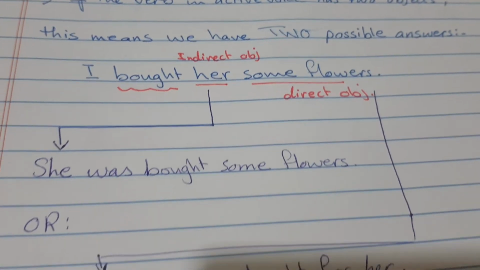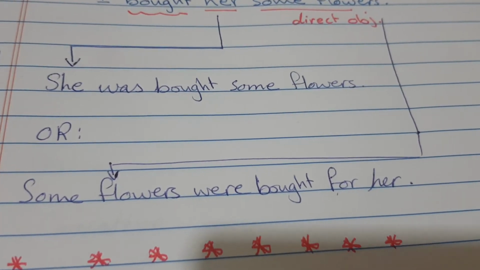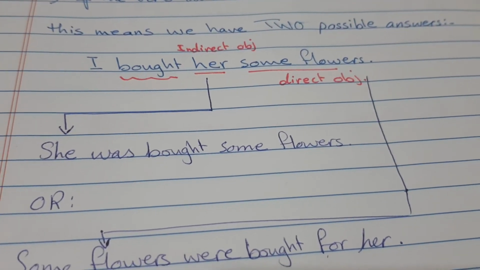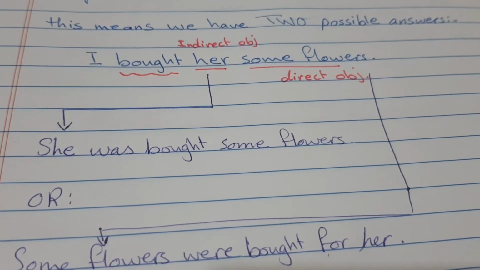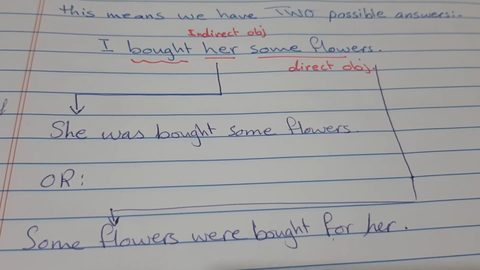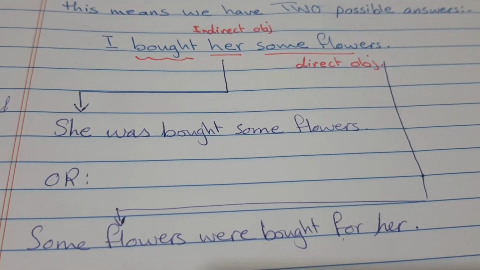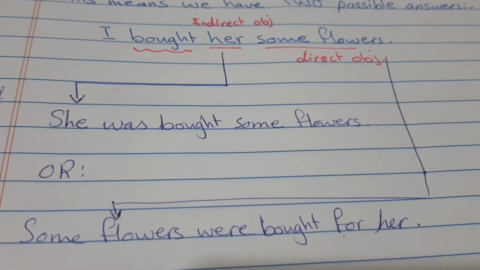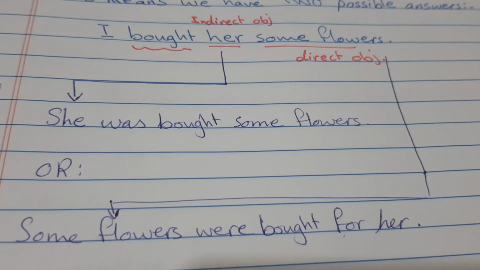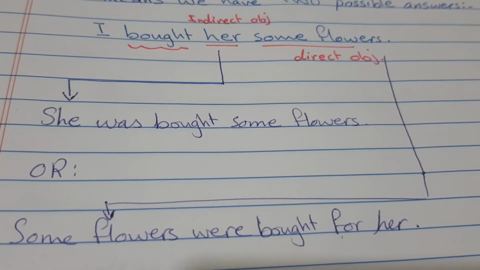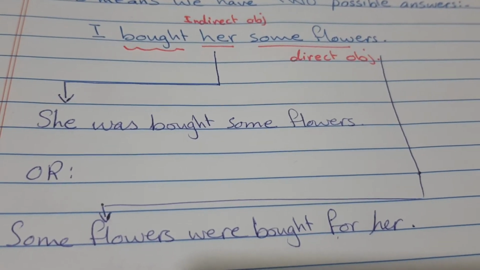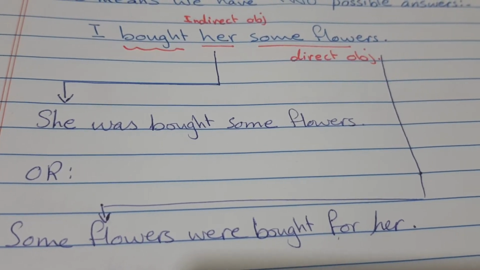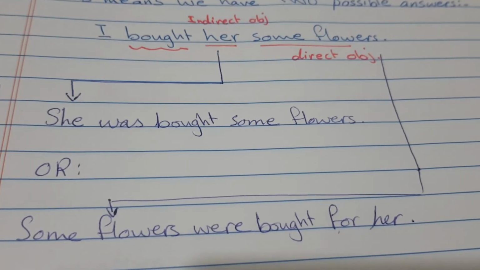Now let's see how it changes in passive when we have two objects. You have two objects. This means, again, that you have two possible answers. You check the tense, bought, past simple. Check the object. Sorry, I bought her some flowers. So her in here, indirect object, and some flowers, the direct object.